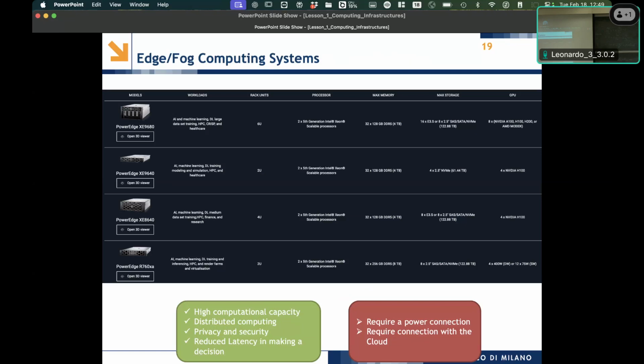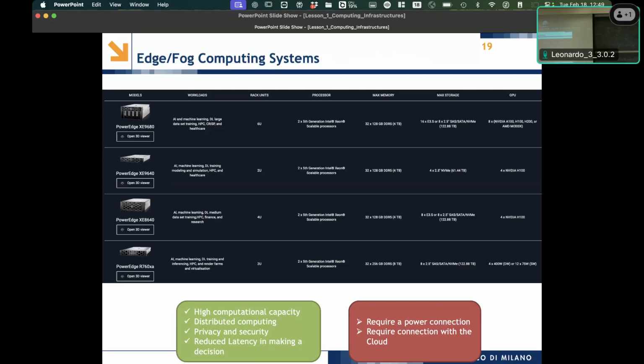Here you have better privacy and security because these servers are located on premise, in infrastructure you own. It's not a remote cloud provider, and you usually have reduced latency because, for example, consider an airport.